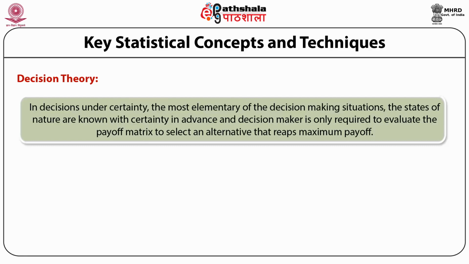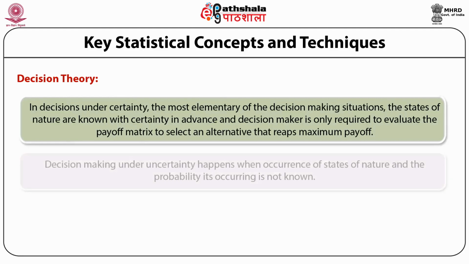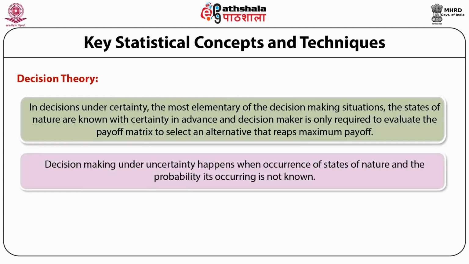Decision making under uncertainty can be of two types, where the uncertainty is full or where the uncertainty is partial. That means decision making is happening under risk. So uncertainty happens when the occurrence of the states of nature and the probability of its occurrence is not known, and in such a scenario a manager may take any decision based on his psychological orientation, his risk taking capacity.